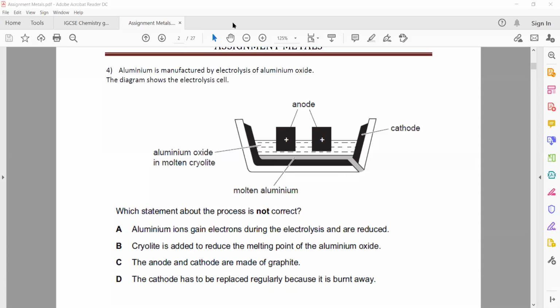So aluminium ions gain electrons during electrolysis and are reduced. Yeah, that's true, because again, cryolite is added to reduce the melting point. That's correct. Anode and cathode are made of graphite. The cathode has to be replaced? No, not the cathode. The anode has to be replaced because the oxygen reacts with the graphite carbon. That's why it must be replaced.